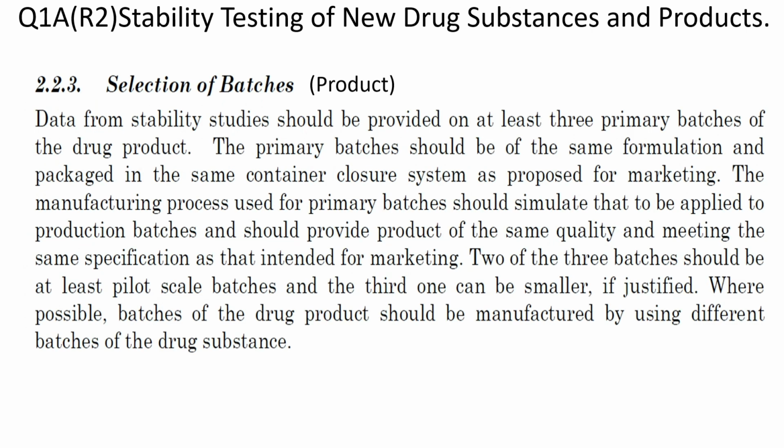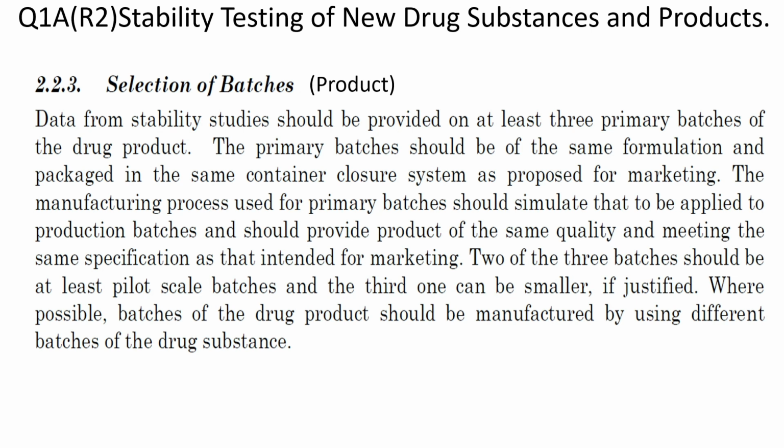Now selection of batches for the product. I discussed the drug substance, now it is for the product. Data from stability studies should be provided on at least 3 primary batches of the drug product. Again, you require 3 batches of stability data. The primary batches should be of the same formulation and packaged in the same container closure system as proposed for marketing.